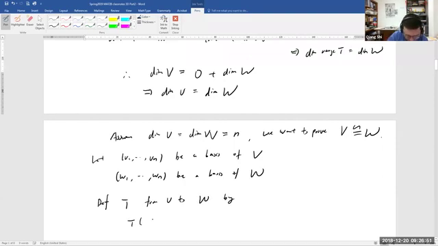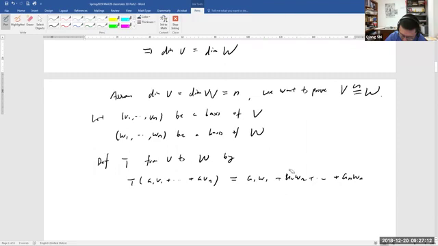Any V can be written as a linear combination of the basis, and then we say V1 corresponds to W1, V2 corresponds to W2, Vn corresponds to Wn. So we carry the same scalars and then make it W. I think we actually said this idea before. All right, define this, then check T is linear.